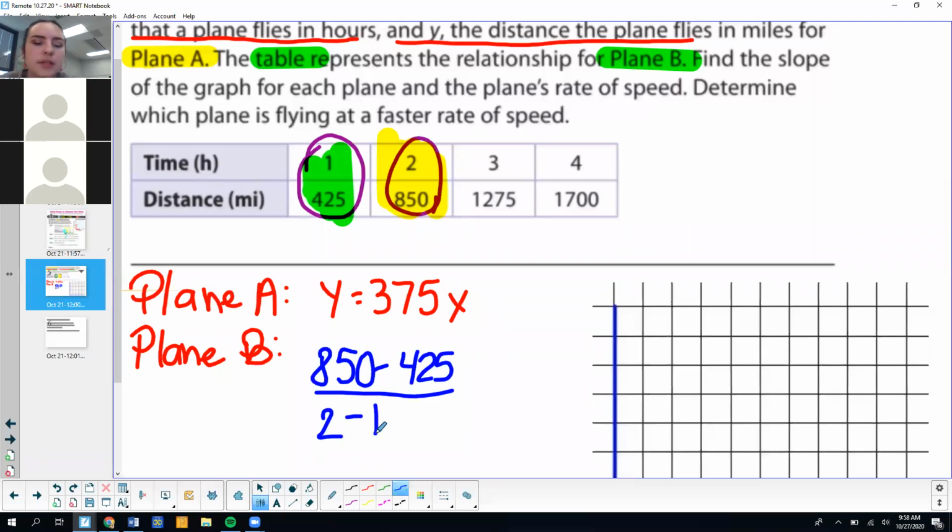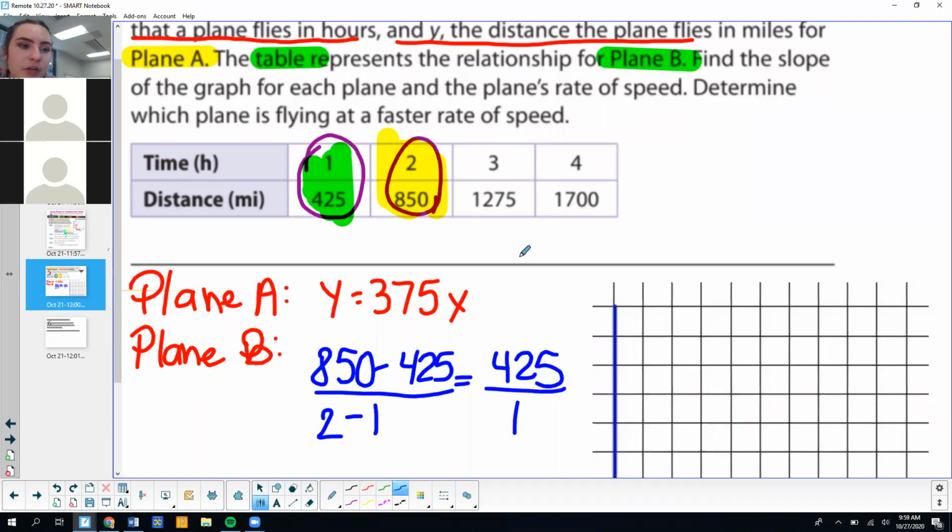If you guys remember, this is coming from our rate of change formula, or our slope formula. So in my calculator, I take 850 minus 425, and that's going to give me 425. 2 minus 1 gives me 1. So our rate of change is going to be 425.